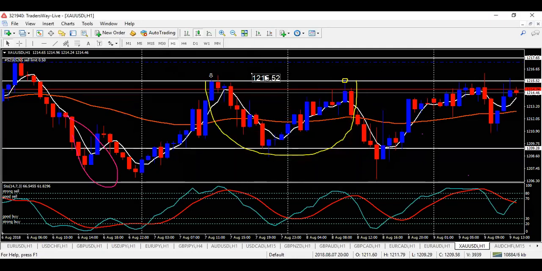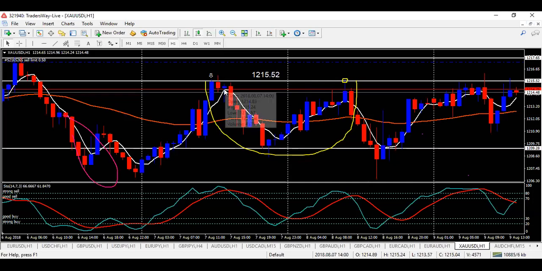Now, that would have been your sell limit price, 12.15.52. All you're doing is placing this on August 7th: bullish, bearish, lower high, that's your setup. Place your horizontal line, that gives you your sell limit number.